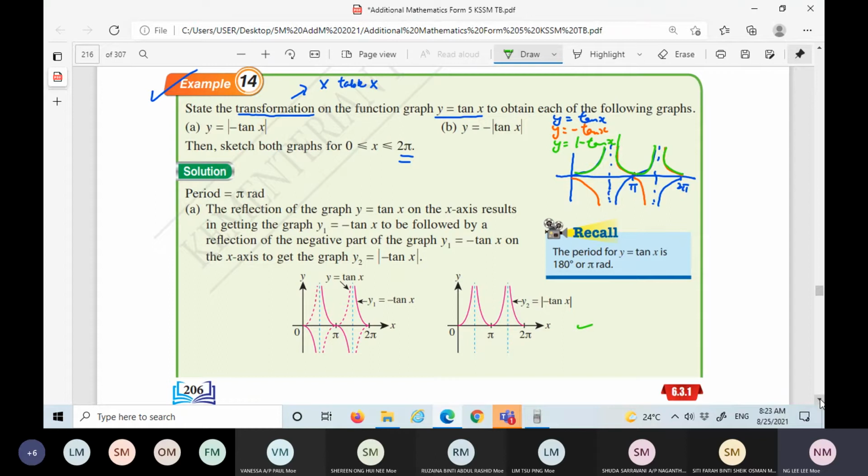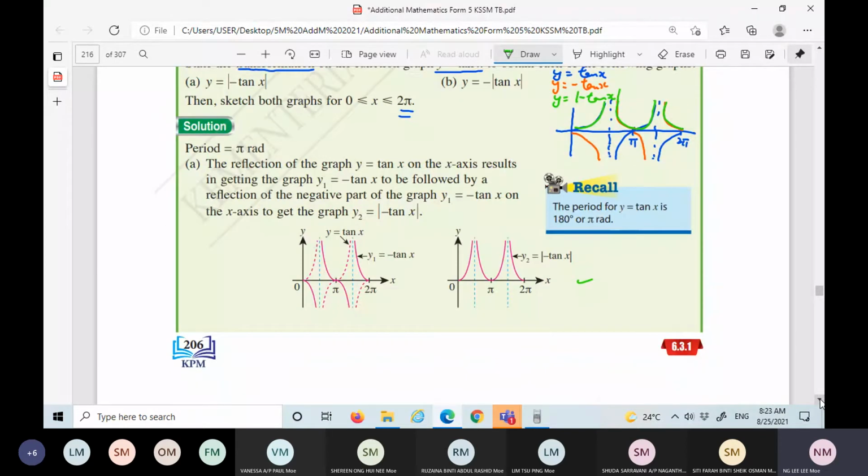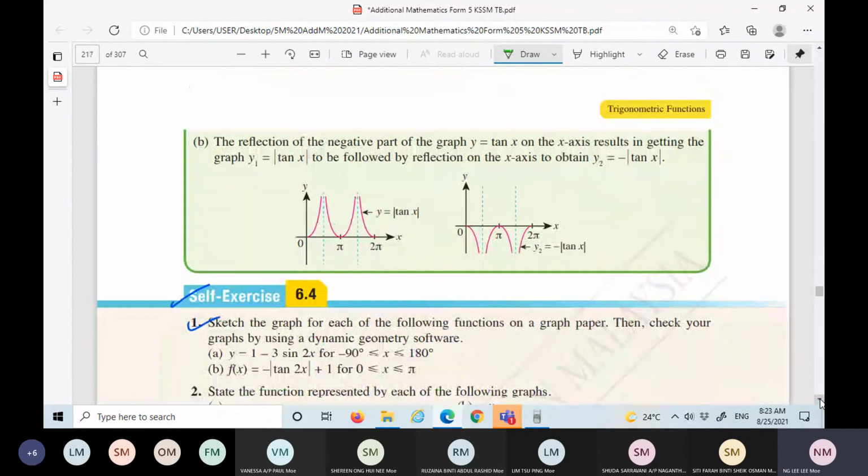For B, we do the same thing, but we do modulus first, only then the negative. So I start all over again. I'll start with blue.